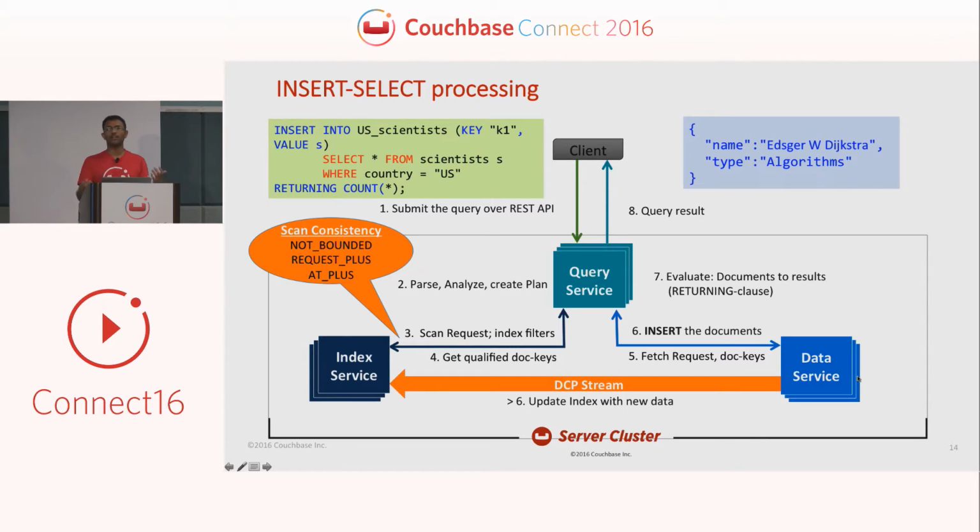It's a clear trade-off between performance and the consistency of the data you want. So not bounded means whatever data is available in the index, get me that. Request plus means whatever changes my request has made, give me the latest data up to my request. And at plus, generally, you can provide any timestamp and get the latest data up to that point.